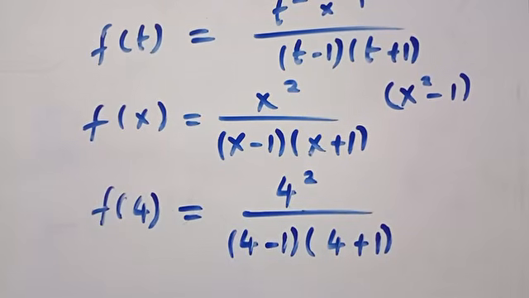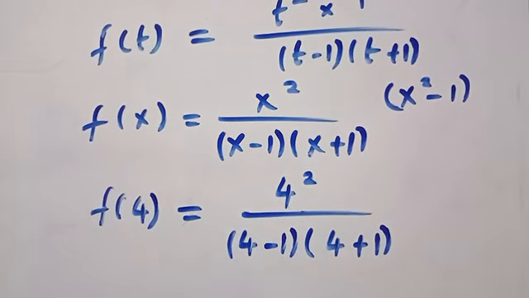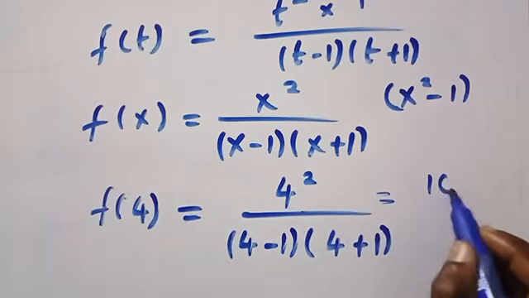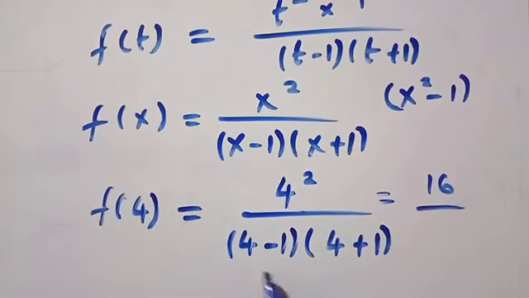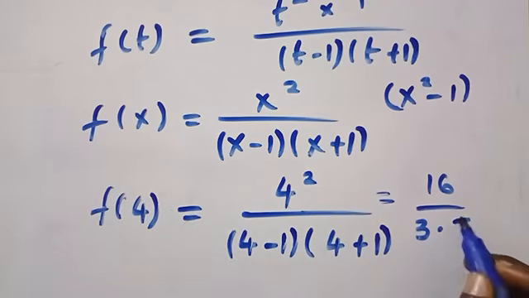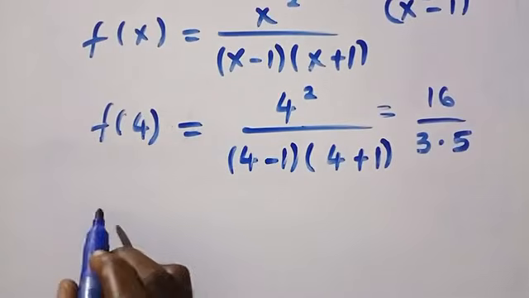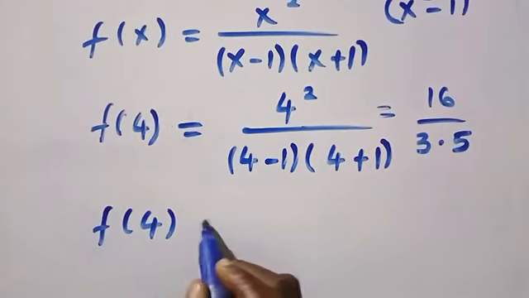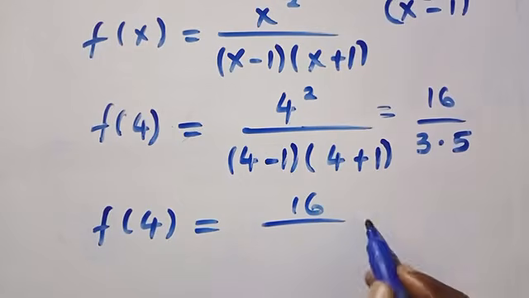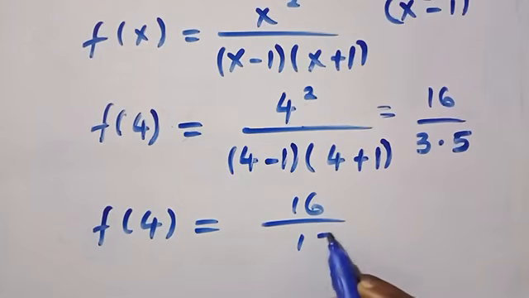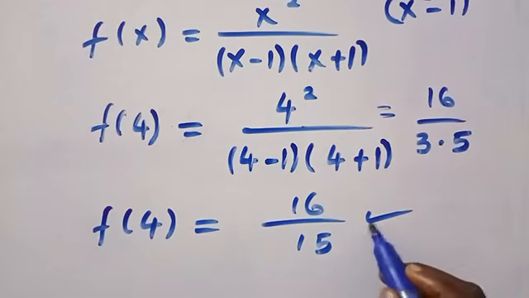So 4 squared means multiplying 4 two times, and we have it as 16, divided by 4 minus 1, that is 3, multiplied by 4 plus 1, that is 5. So with this, we have f of 4 equals 16 divided by 3 times 5, that gives us 15. And 15 is the final answer to this.